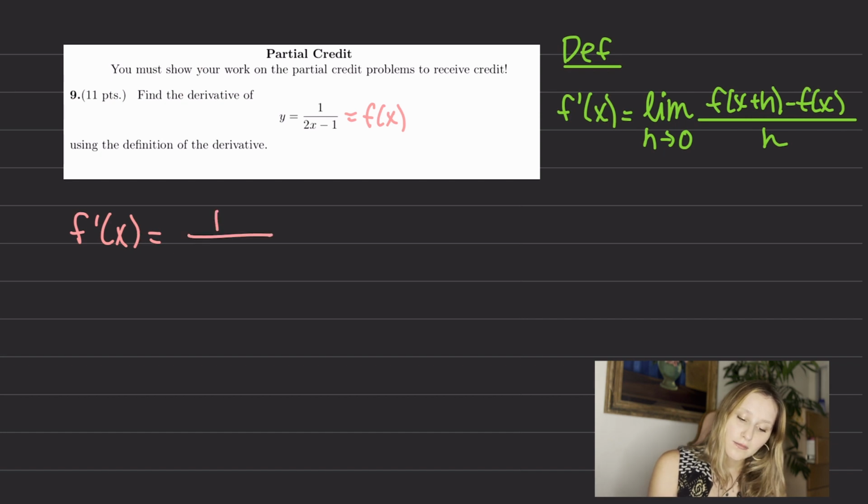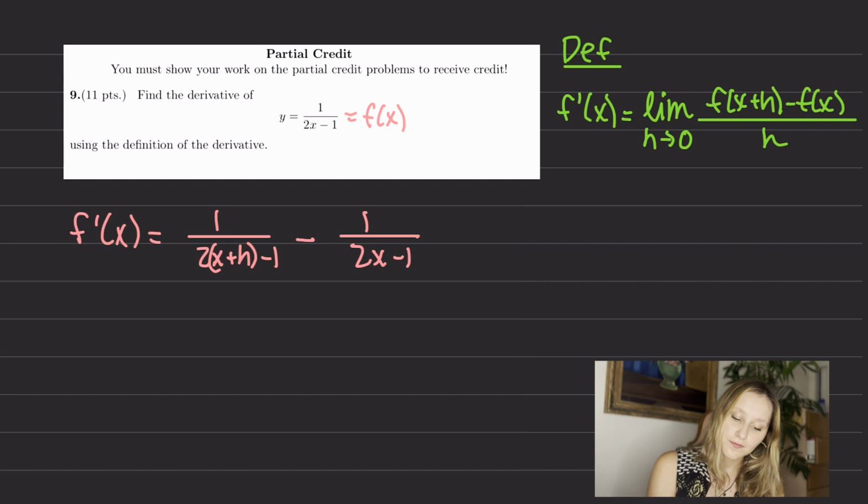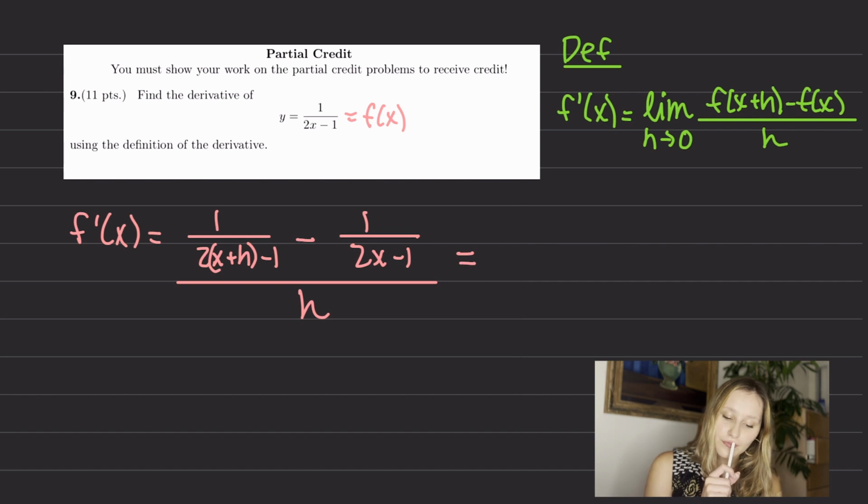1 over 2 times x plus h minus 1, minus 1 over 2x minus 1, all over h. We are going to combine these.